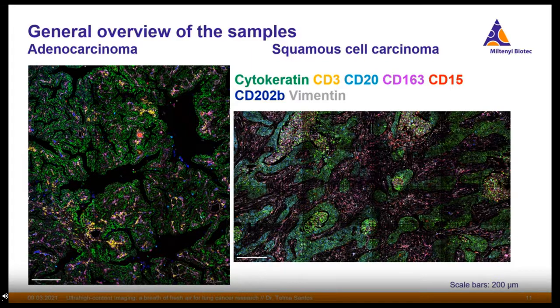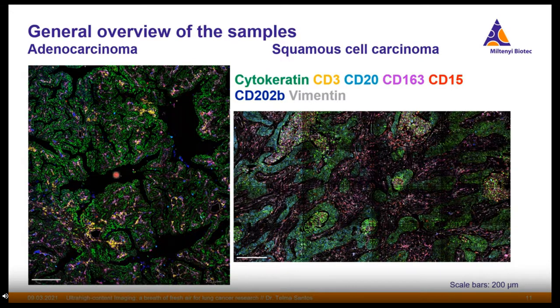In green, you can see the tumor cells, which are stained here by cytokeratin. You can see the T cells stained by CD3, the B cells by CD20, the myeloid cells stained by CD163 and CD15. You see some endothelial cells, so the blood vessels, with CD202B, and you can see some fibroblasts with the vimentin in gray.